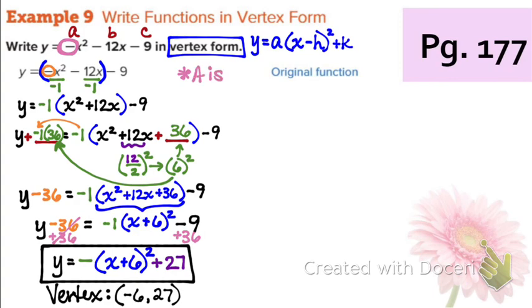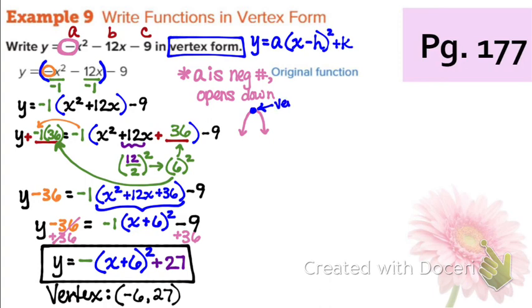A is a negative number. Should write that as a lowercase. So this opens down. If my parabola opens down like this, is the vertex a maximum or a minimum?